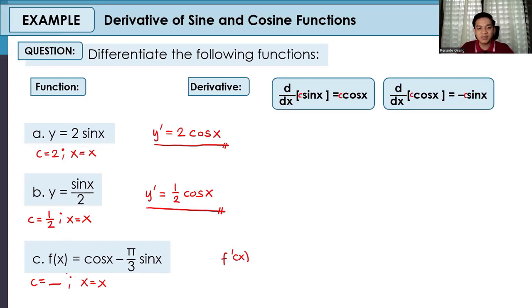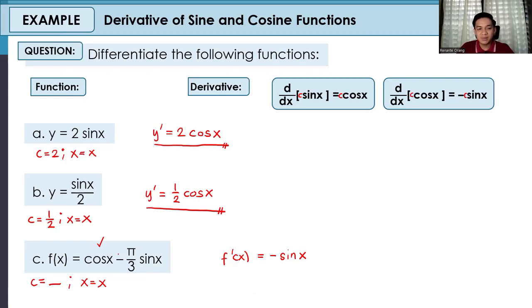Ibig sabihin, the derivative of our f of x is equivalent to cosine x magiging sine x. Then yung constant is copy-paste. For this one, wala tayong constant. So, diretso tayo. Cosine x magiging negative sine x. So, negative sine. Then, nakalagay dito, our x is also x.